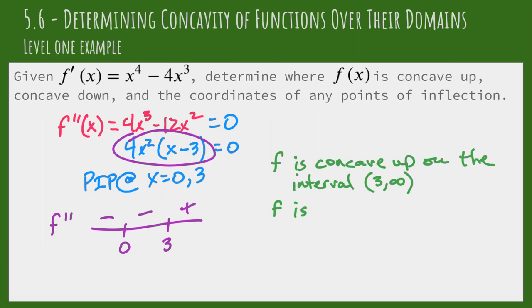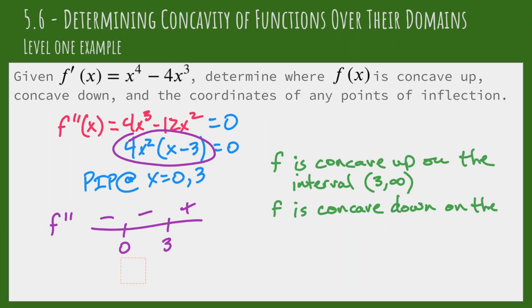Concave down. Now, this is going to be something that's a little different than what we saw with increasing and decreasing intervals. So we have this point right here at x equals 0 where the second derivative is equal to 0. So at that point, the function itself is neither concave up nor concave down.